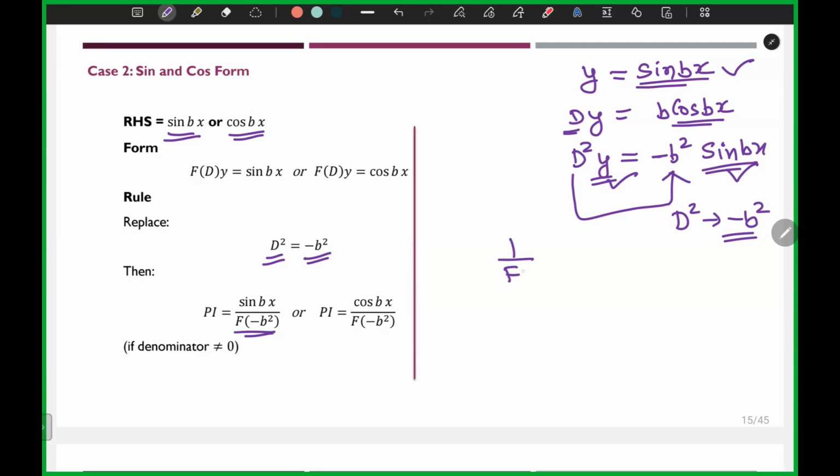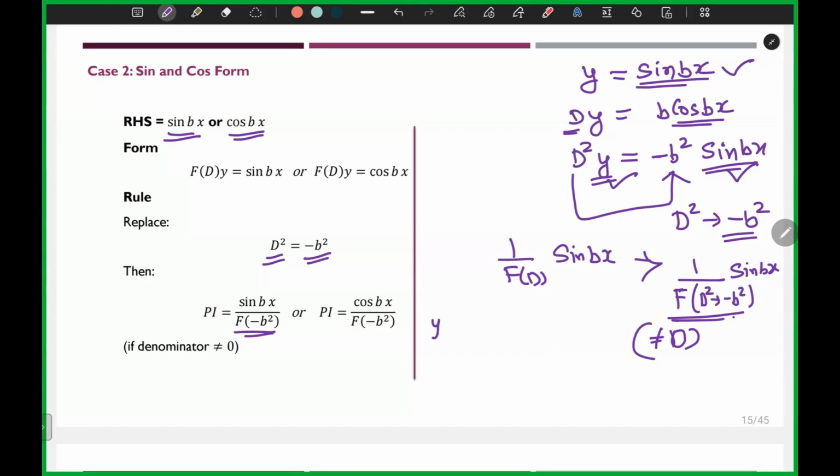So what we do for f(D) on sin bx is replace only D squared by minus b squared, and the rest is left. It should be provided that the denominator should be non-zero. The same works for cos bx.